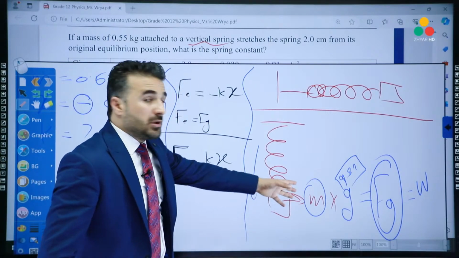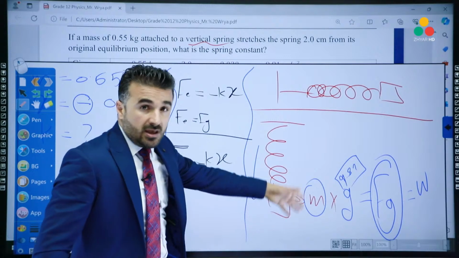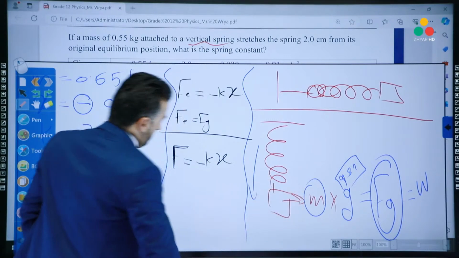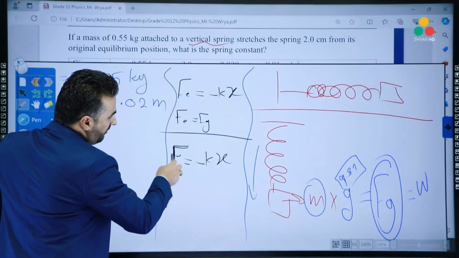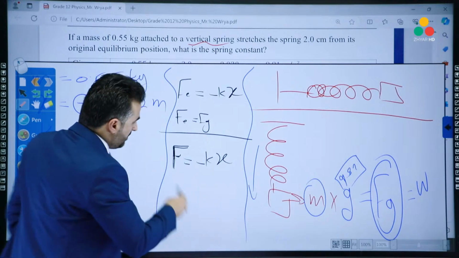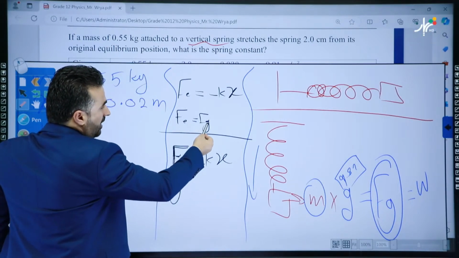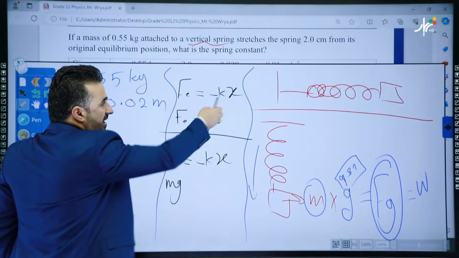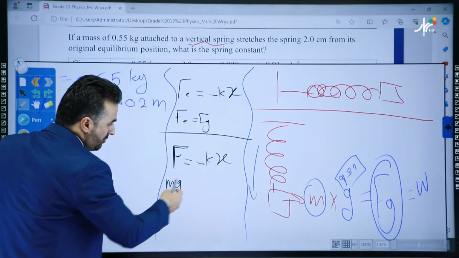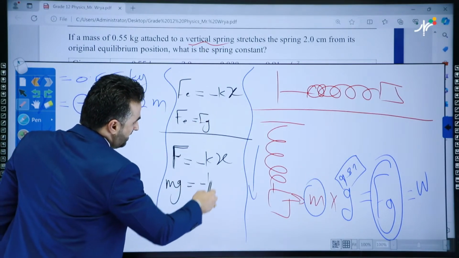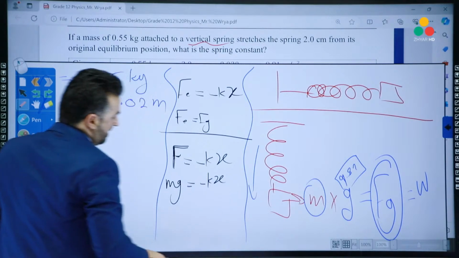But remember, not only the mass, with the gravitational acceleration, that is going to be the weight. So in this case, the force that stretches the spring is going to be mg, okay? Fg is mg, Fe is negative Kx, or I can just use mg, which is equal to negative Kx in this case.